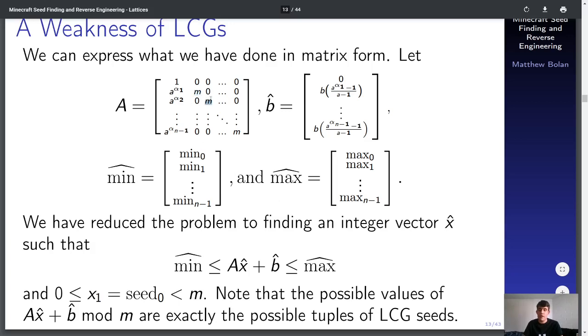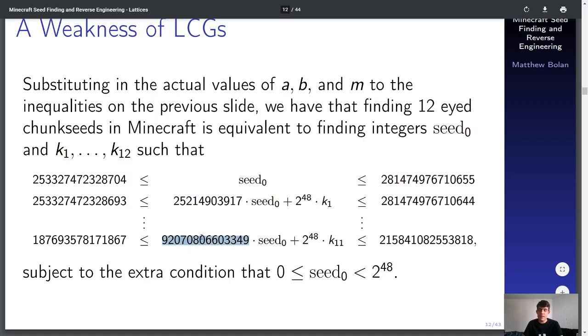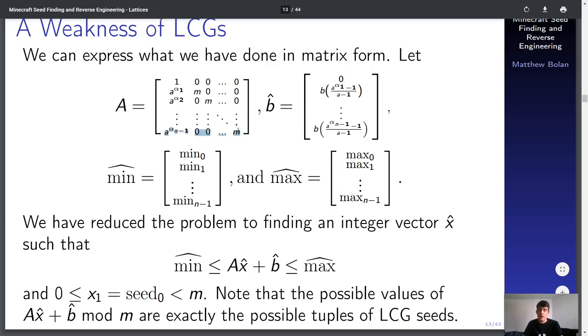Then we have a coefficient of M on K2 in this row, and we go all the way down to A to the alpha n minus 1 as the coefficient on our very last equation, and we have a coefficient of 2 to the 48, or M, on our very last variable of the K's. So that's all that this matrix wraps up. It wraps up a system. It basically just encapsulates the information of the coefficients of our system of linear equations.